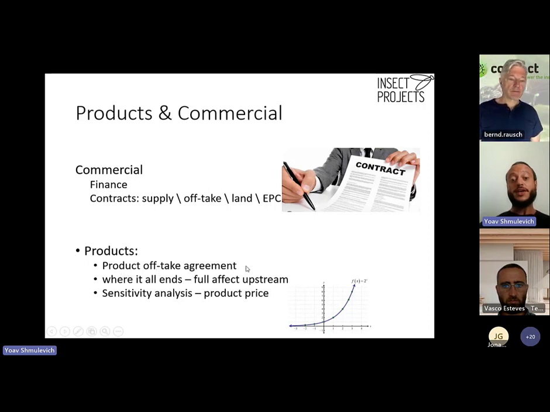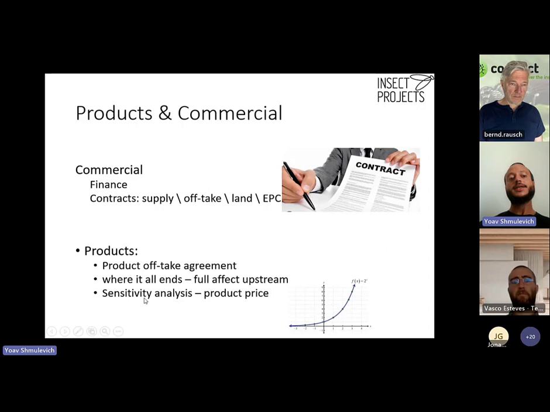Your product offtake agreement is a very, very important contract in your project and will determine the bottom line profitability. The product is where it all ends. So if the feedstock is where it all starts and has a full effect downstream, the product has a full effect upstream. So any change in your product might affect the process, the process design, the feedstock that you choose, and anything in the project.